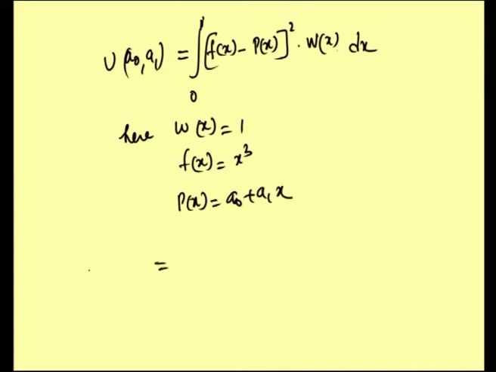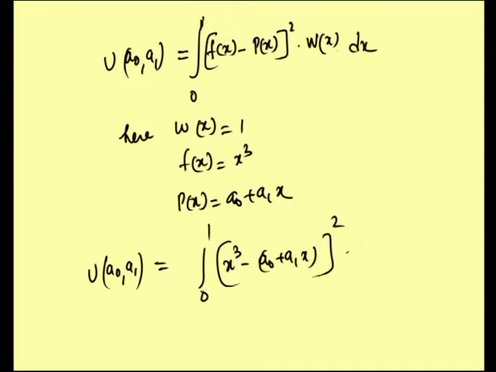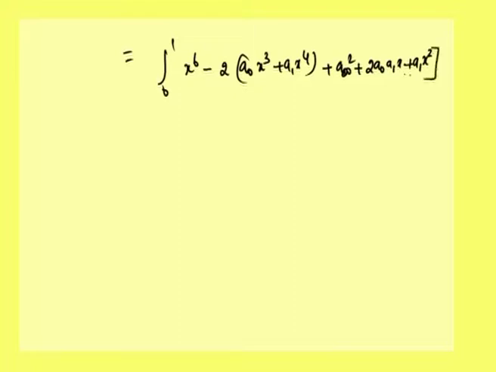Substituting all these, U of a0, a1 becomes the integral 0 to 1 of x cube minus a0 plus a1 x, the whole square, into 1 dx. Expanding this, we get the integral 0 to 1 of x power 6 minus 2 a0 x cube plus a1 x power 4 plus a0 square plus 2 a0 a1 x plus a1 x square dx.